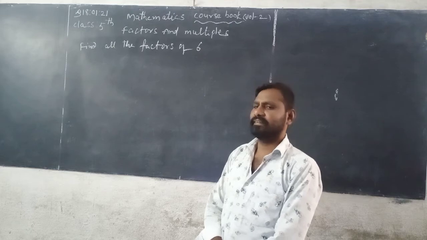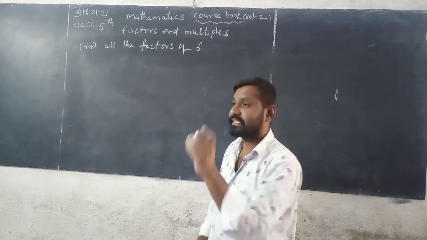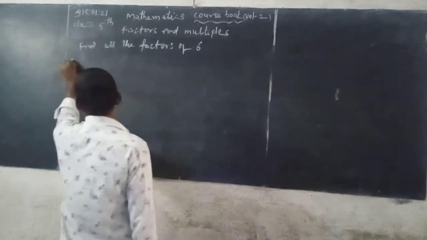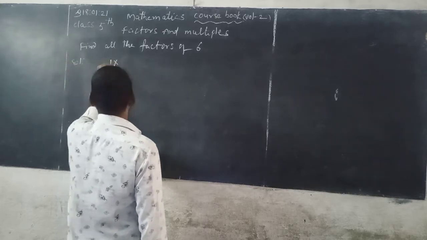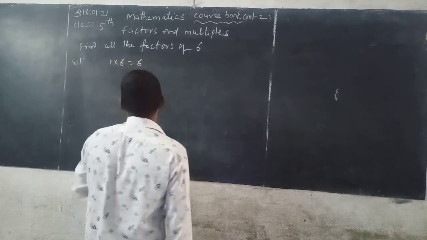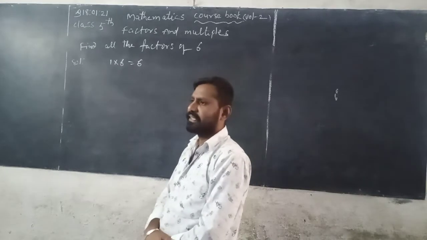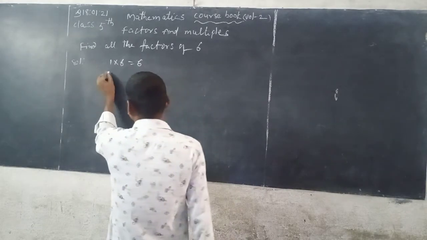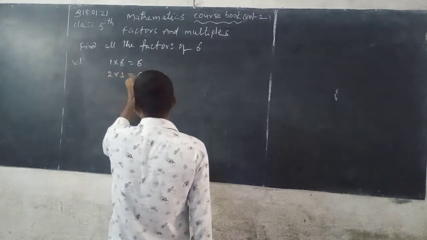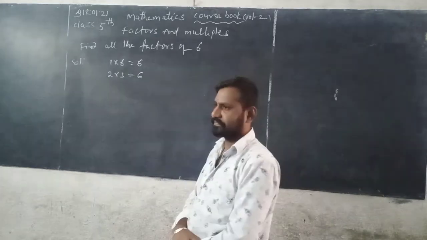So first, the 1 table: 1 6 is 6. Solution: 1 6s are 6. Next, the 2 table reads 2 3s are 6.